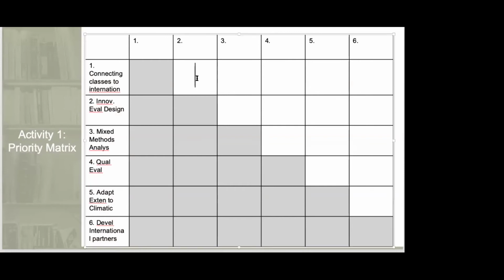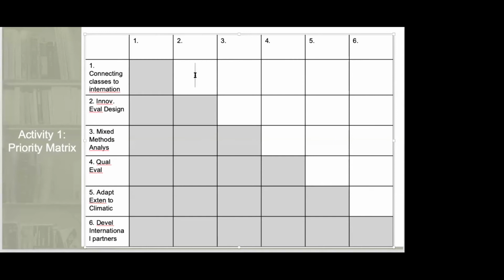So at this point we ask the community members, which do you feel is of greater importance to your community? Is it 1 or 2? And this is where you sound like an eye doctor at some point. So which is more important to your community? Is it connecting classes to international opportunities? Or is it number 2, innovative evaluation design?